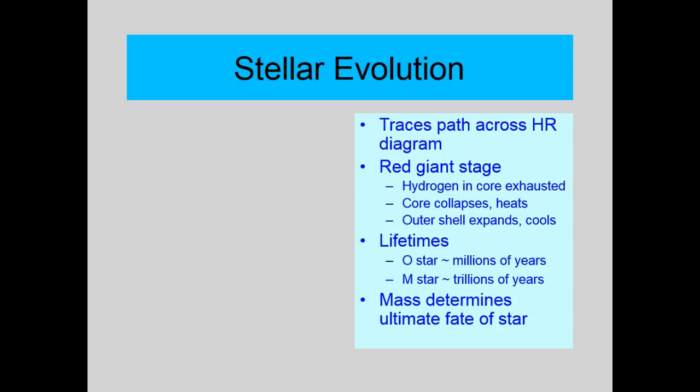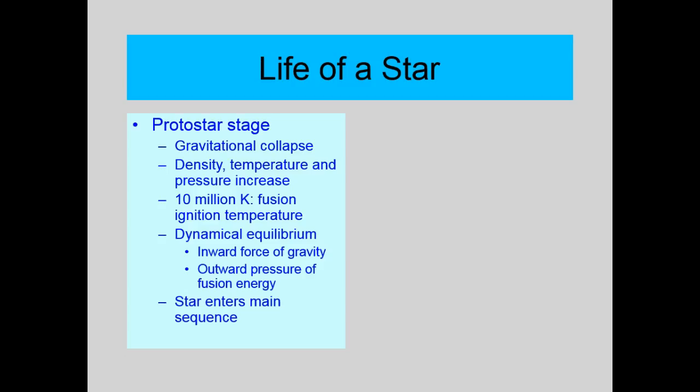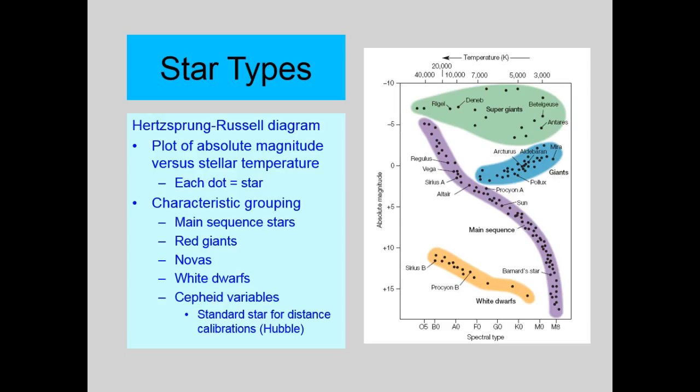Okay? Now, that's how it begins. And it may live in that main sequence. Remember, small stars will live in there trillions of years. Big stars, only millions of years. Average stars, billions of years. So they may be in here for various lengths of time.